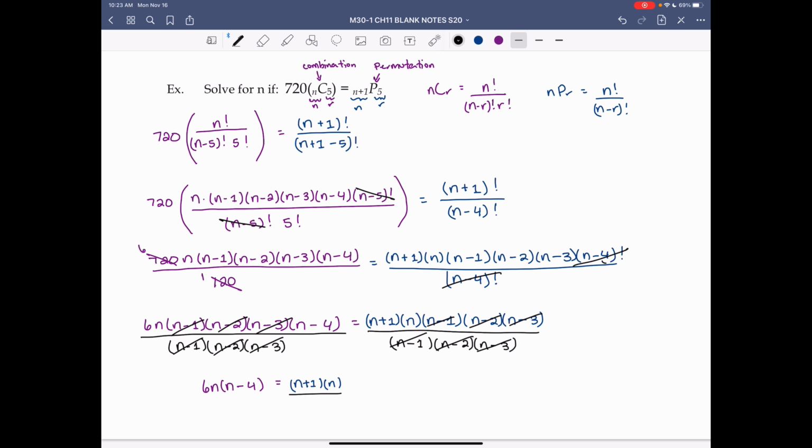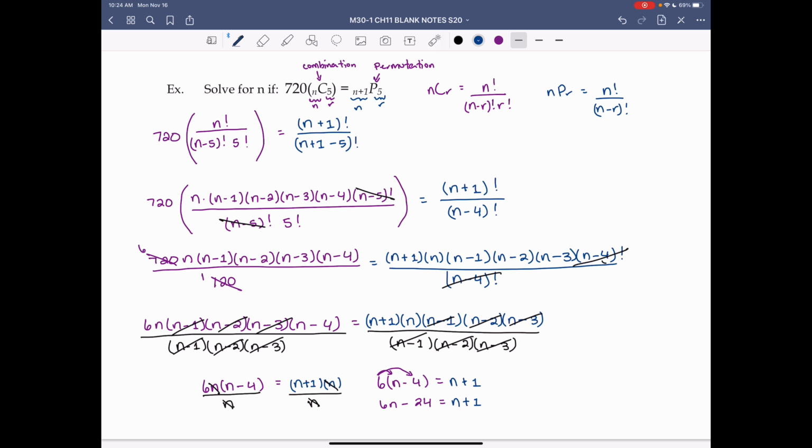Divide by n, then n divides out, and n divides out. And then we are left with 6 times n minus 4 equals n plus 1. And then we multiply 6 into the brackets. We get 6n minus 24 equals n plus 1.